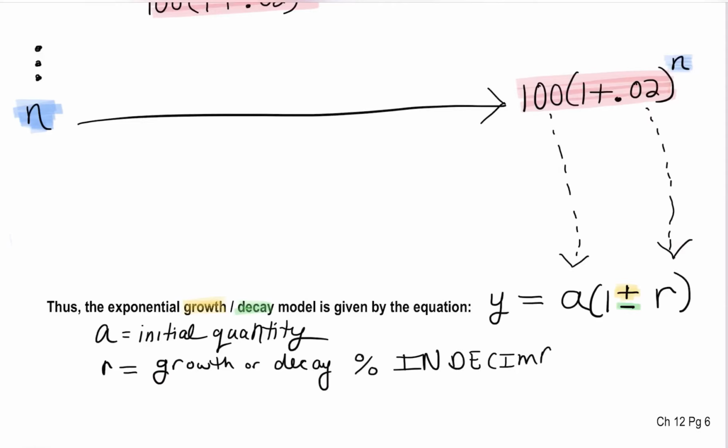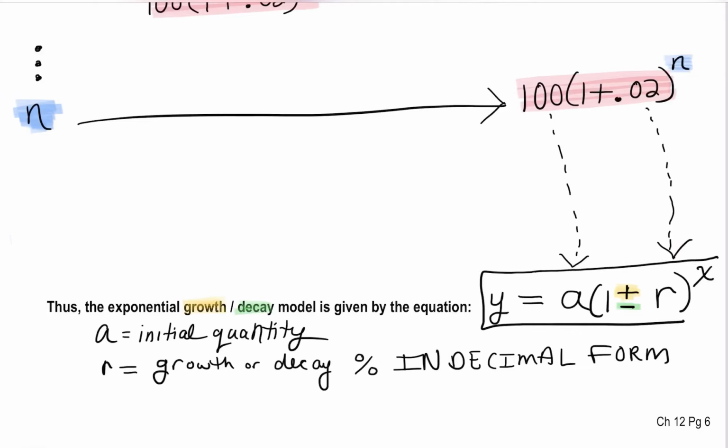So it's the growth rate, that growth or decay percentage, put in its decimal form. And then we will raise that to the nth, or in general, to the x power. And x is going to be your input variable, or it could be n, or it could be anything. So this is one form in terms of thinking about our exponential growth decay model.